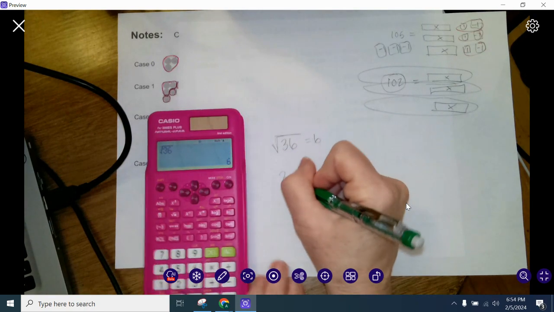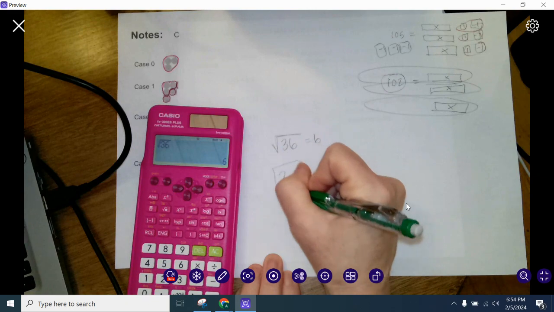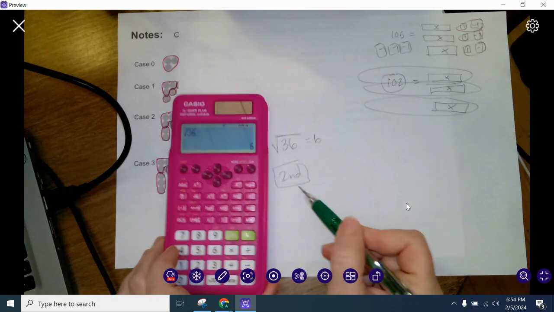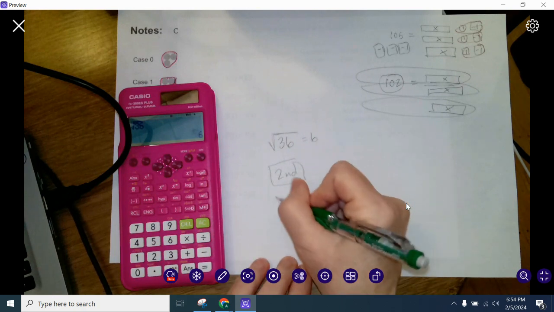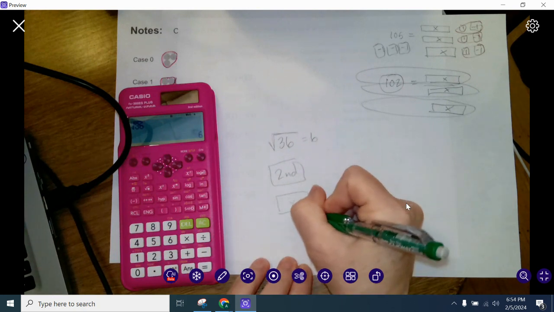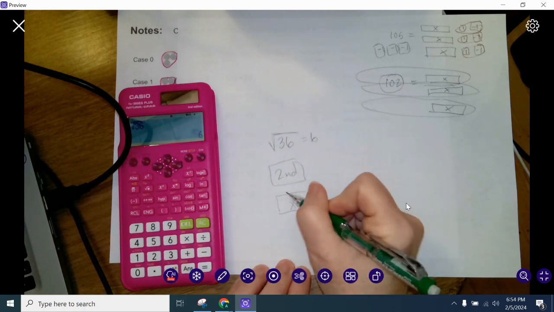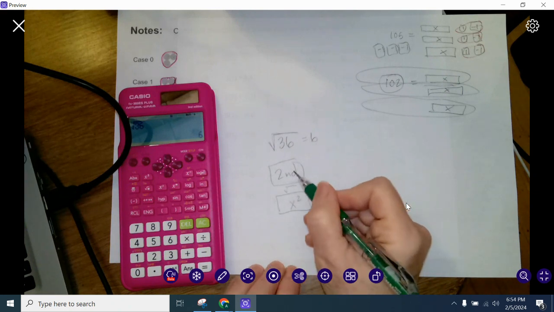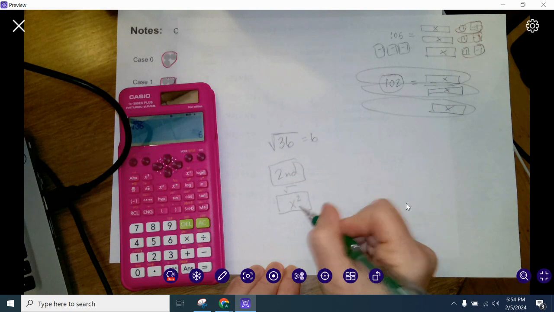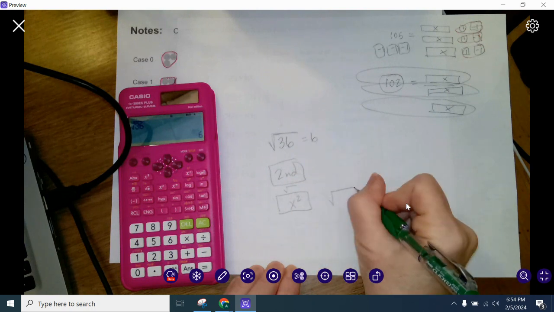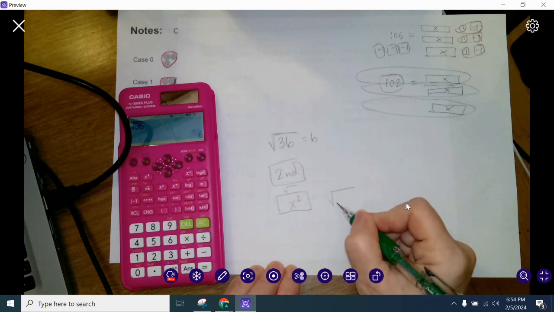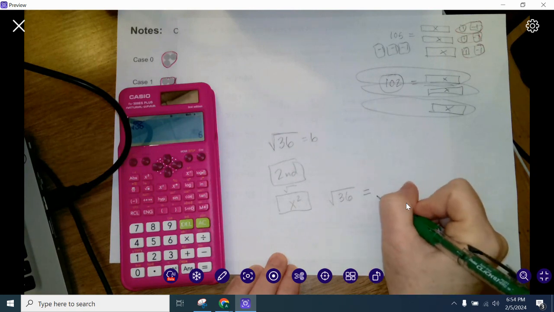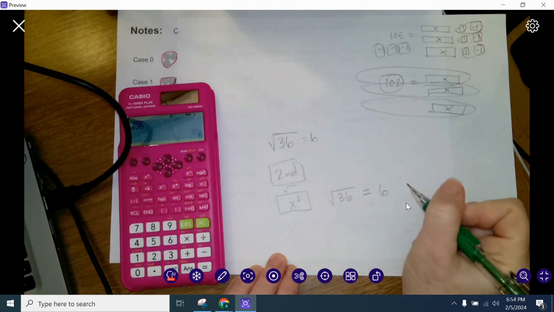On your calculator, you have a different calculator. You have to hit the second key. That's the blue key on your calculator. Hit the second key, and then hit the x squared key. Right above this x squared key is that little symbol. You'll see on the calculator, it gives you the square root. Then you type 36 and you type equals, and it'll give you the answer of 6.